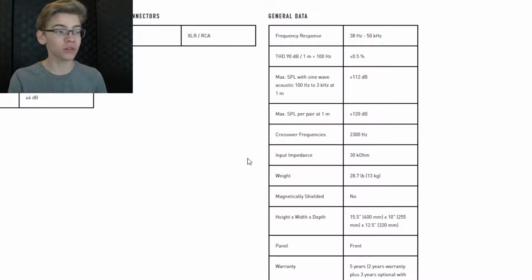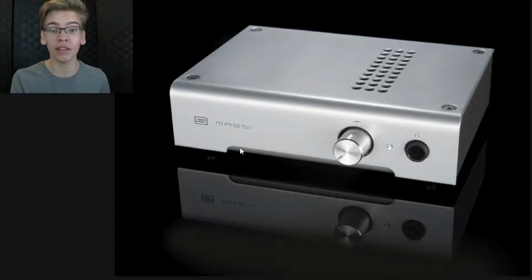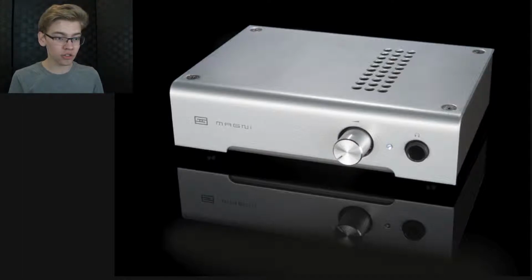And for headphones, you have headphone amps. One example is the Schiit Magni, just a random one here. It plugs into your computer, and you plug in your headphones right here, and then you can change the volume right there. It just gives more power to your headphones to be able to boost the sound so you can actually hear it.